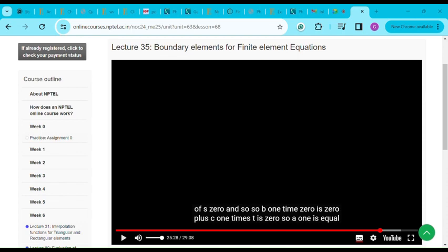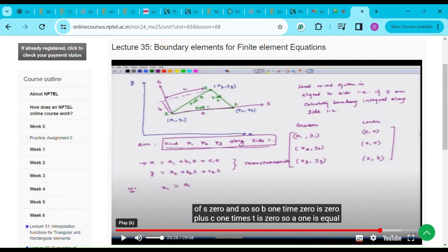You are saying that when we take x is equal to N_i x_i, we may use quadratic shape functions for this, right? Yeah, we may use that.